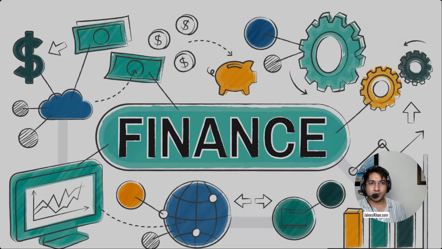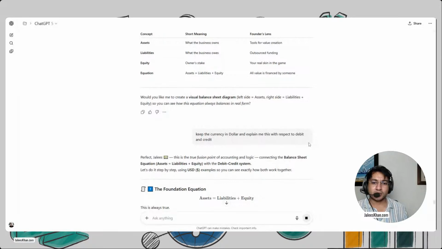We are likely to create a balance sheet. So there's a glitch in the screen sharing. My screen went off. There's a glitch in that app.